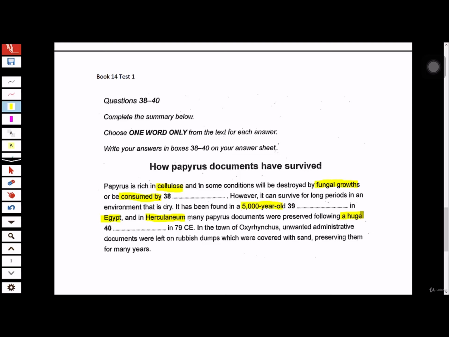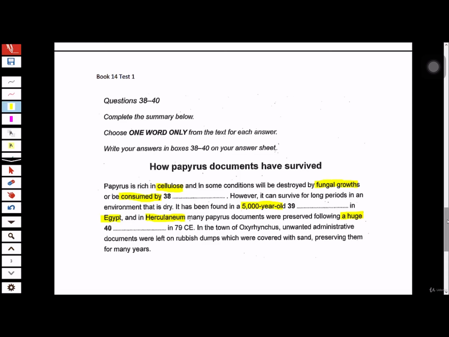As you're doing it, keep a mental lookout for the words cellulose, fungal growth, 5,000-year-old, Herculaneum, Egypt. If you see any of those words, mark where you see them. That way, when you get to the summary question, you can easily move through it. Okay? So let's go ahead and get started.